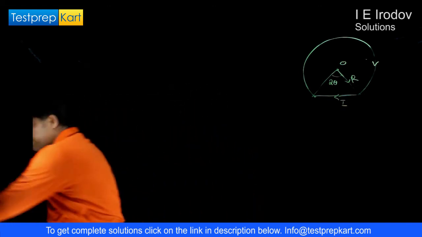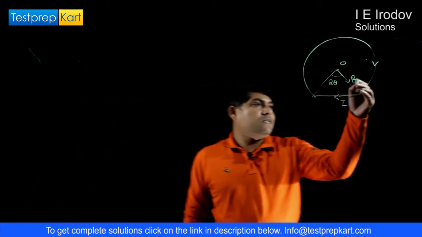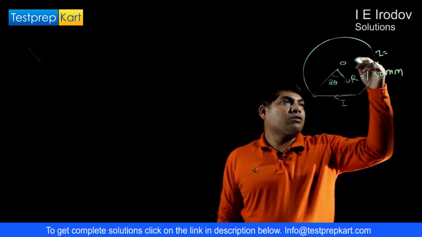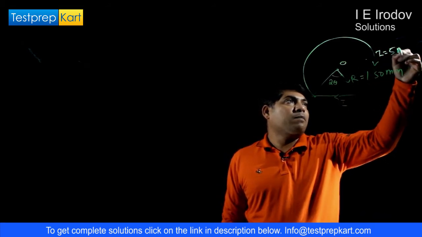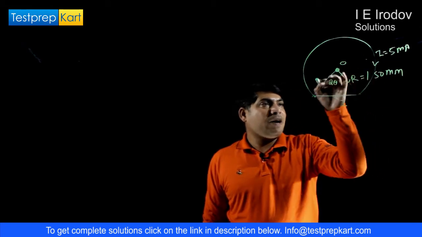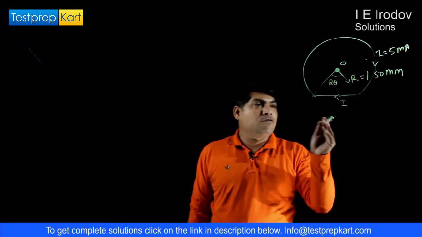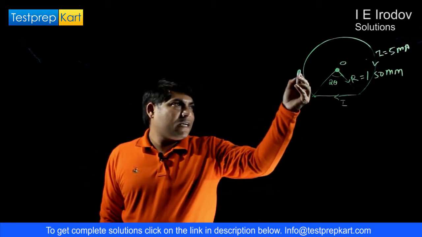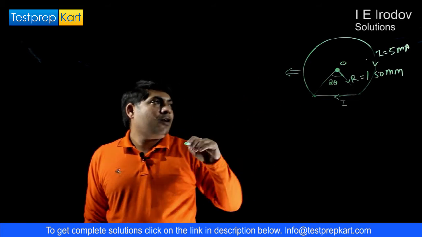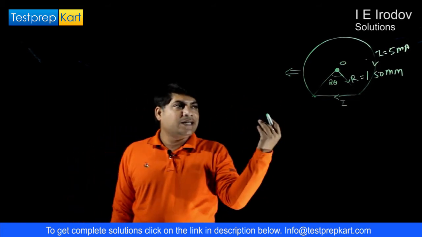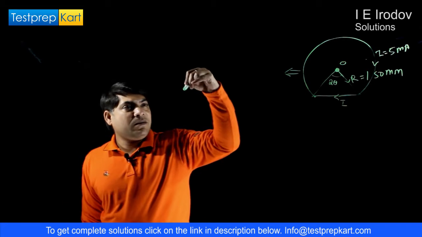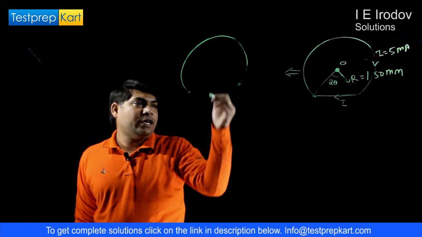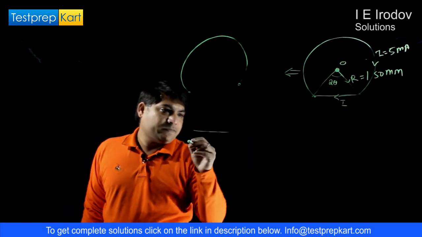So in this figure, this radius is 150 mm and the current passing through this wire is 5 milliampere. Here we have to find out the magnetic field at this point O. Whenever we get any different shape for the calculation of magnetic induction at any point, we can break this diagram into a combination of two different conducting elements.